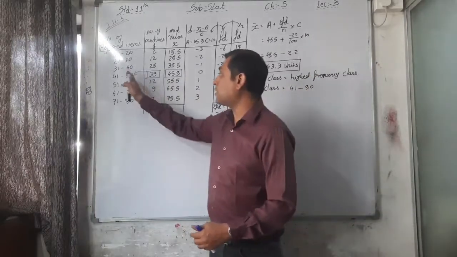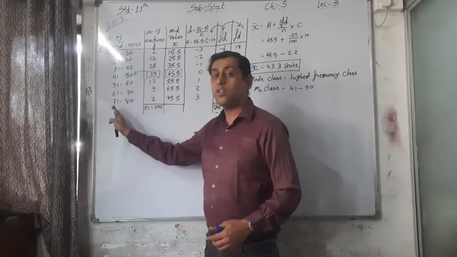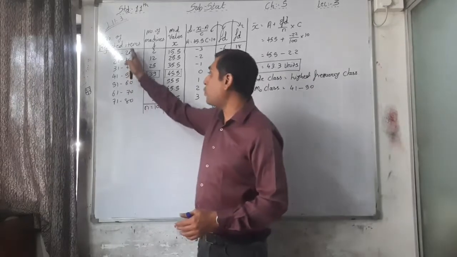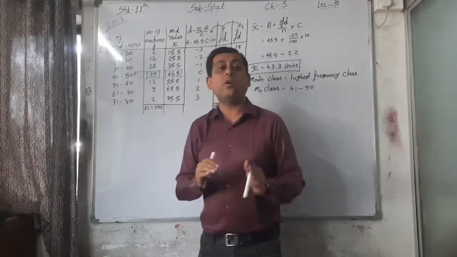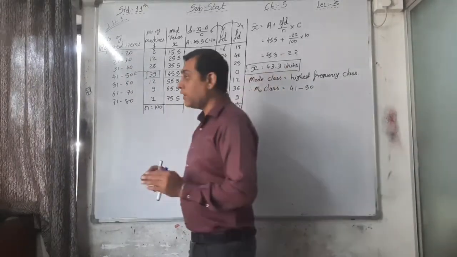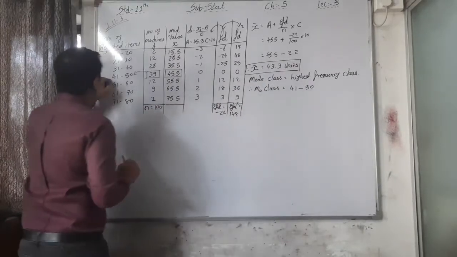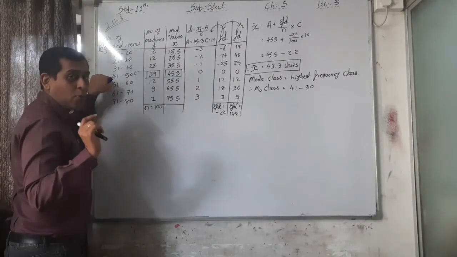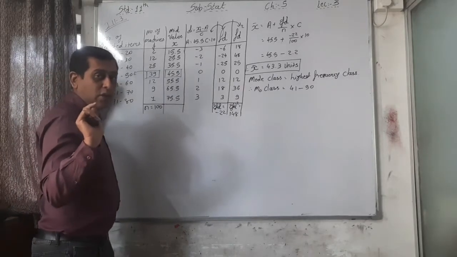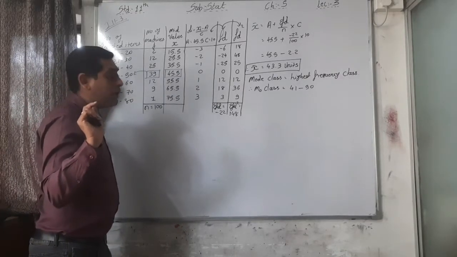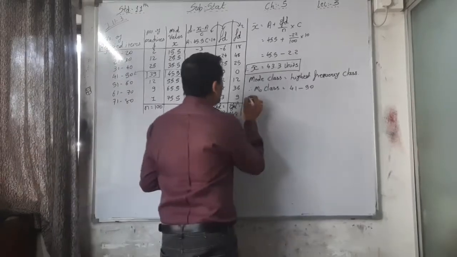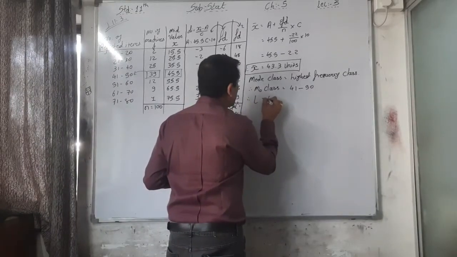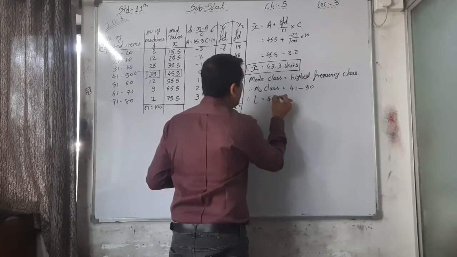We have to deduct 0.5 from all the lower class boundaries and add 0.5 to all the upper class boundaries. So the lower class boundary of this class is 41 minus 0.5. Make the calculation in your calci. That is 40.5. Therefore, L is equal to 40.5.